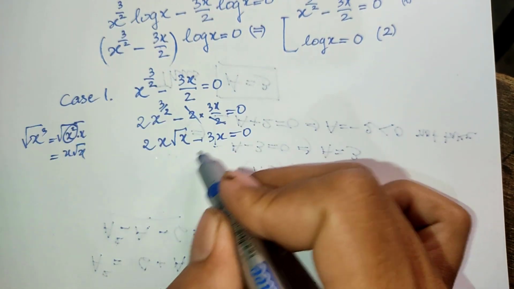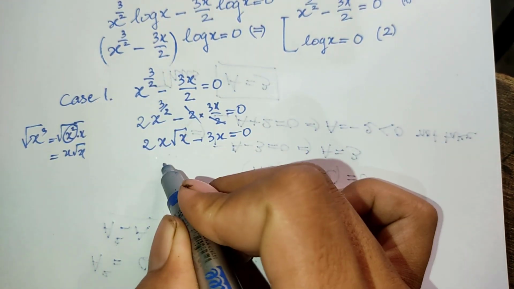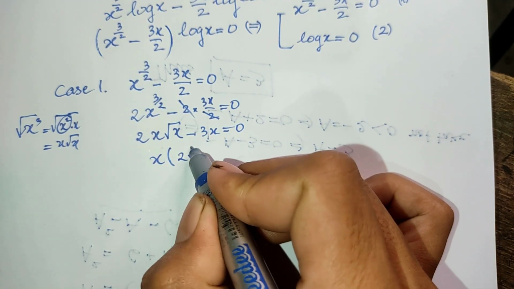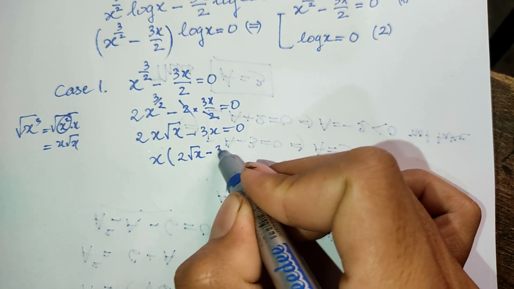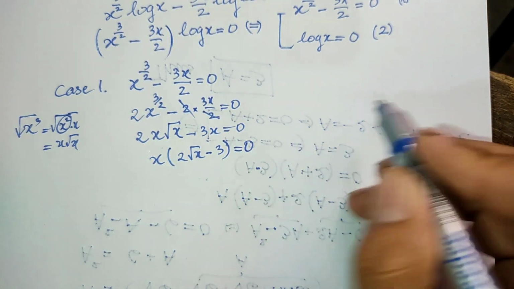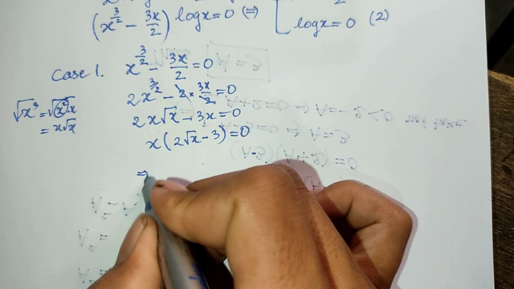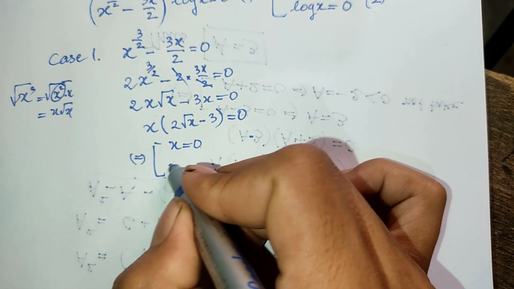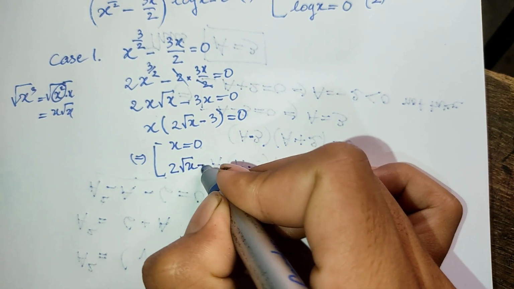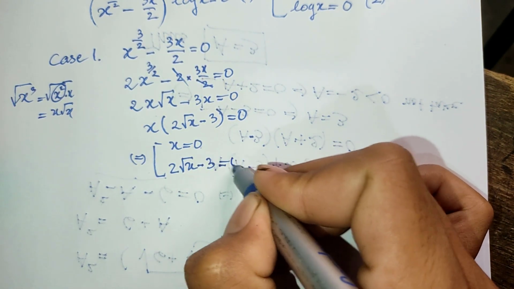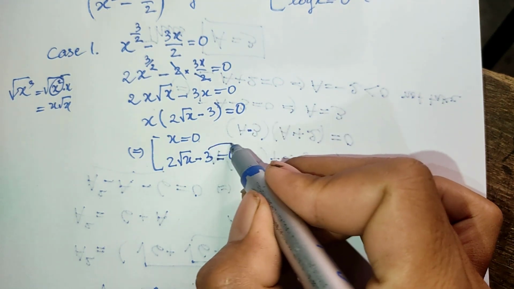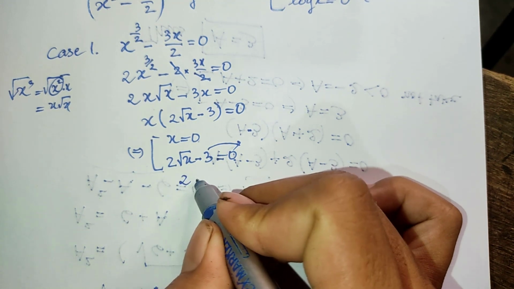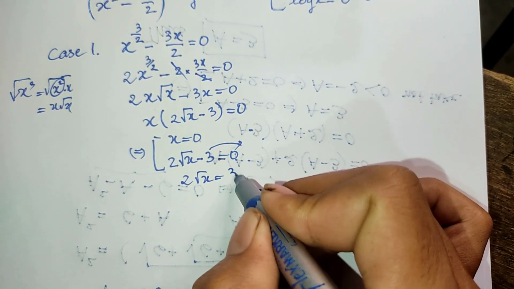And now we take h out as a factor, we get h times 2 square root of h minus 3 is equal to 0. And now we get h equals 0, and 2 square root of h minus 3 is equal to 0. We take 3 to the right hand side, and we get 2 square root of h is equal to 3.